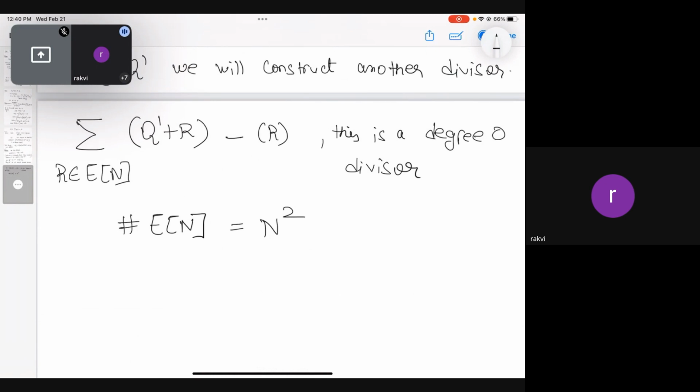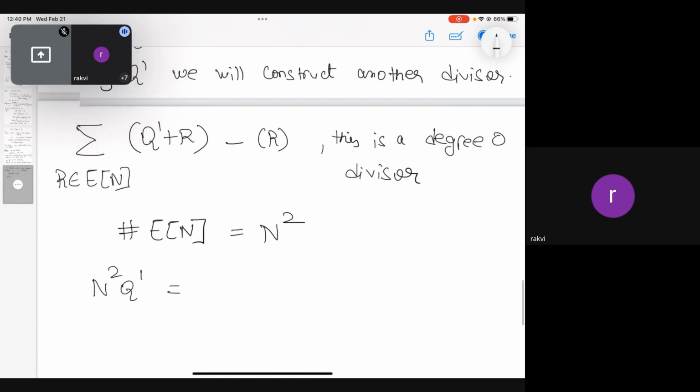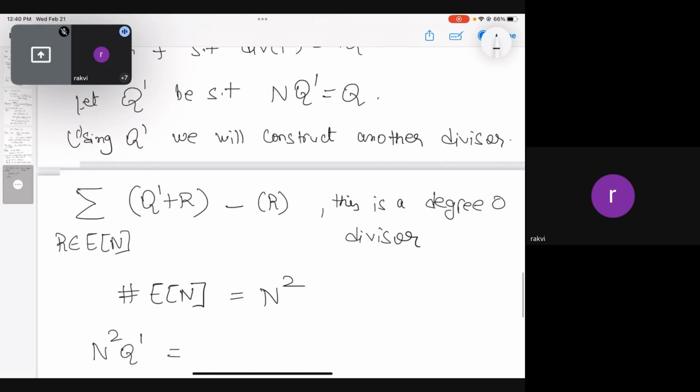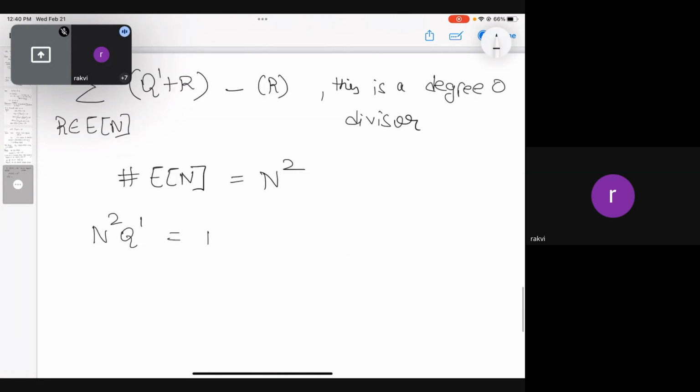So when I'm adding the points to itself, I'll end up adding q bar to itself n square number of times. And then r and minus r will cancel out with each other, so all I'll be left with is this. But remember how we defined q bar: n times q bar is q. So this is n times q bar, which is n times q. But q was n torsion, right? So this is just 0.